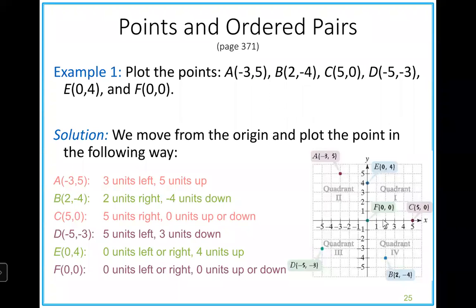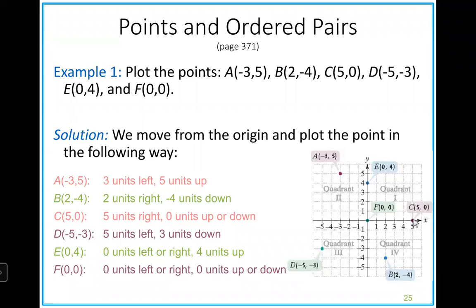You go on the x-axis to 2, and because the second number is negative, you're going to go down 4. So that's the point B right here, 2, -4. C is 5, 0. So the first number again is on the x-axis, so you go to 5, and on the y, 0, it means you're not going to move. You're going to stay right here. 5, 0 is this point here.